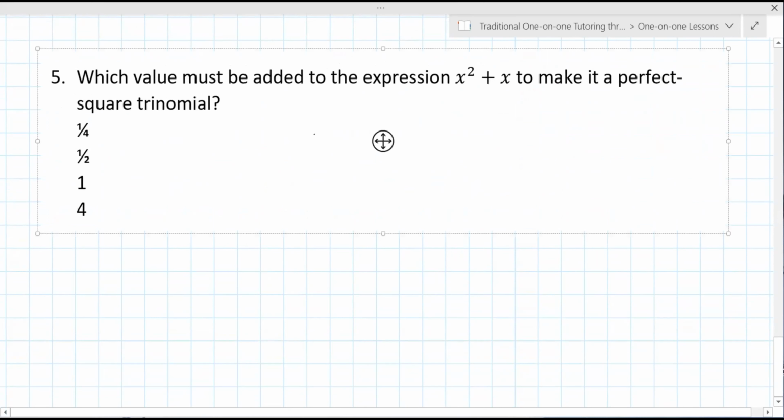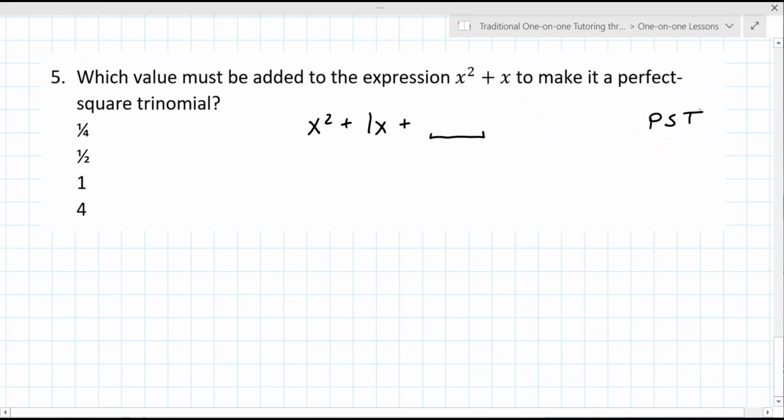So this problem says x squared plus 1x plus fill in the blank. And they want it to be a perfect square trinomial. Okay. So you know that you first take the square root of x squared. We've done that a bunch. But then you also have to take the square root of whatever's in that placeholder there, that bucket. And these are the possible options.